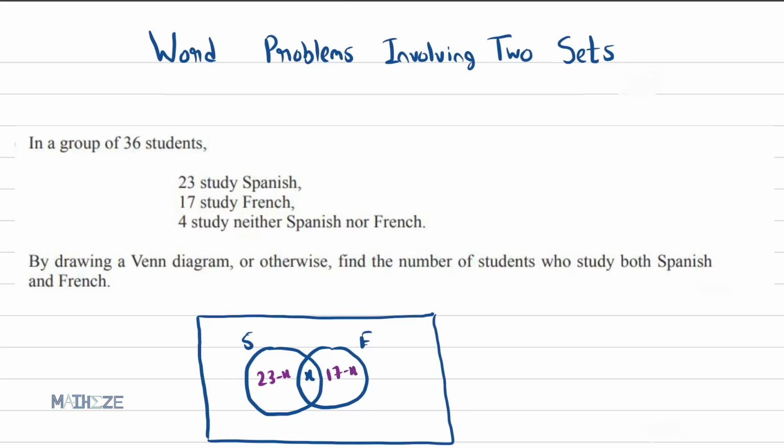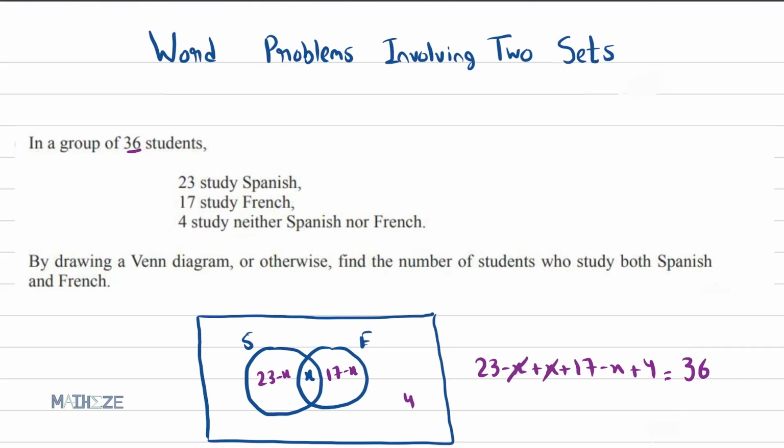Then it says 4 study neither. It's going to come outside. Now let's add all of this. 23 minus x plus 17 minus x plus 4 is equal to how many total people were involved in the question? 36.